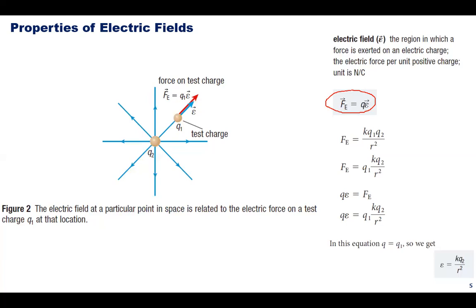Since we are working with a positive test charge, Q1, the electric field is in the same direction as the force that test charge experiences. If Q1 happens to be a negative charge, then the direction of the electric field is in the opposite direction of the force that the negative charge experiences.